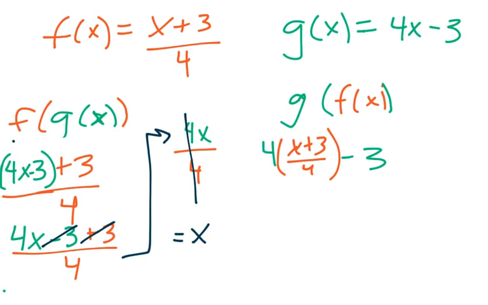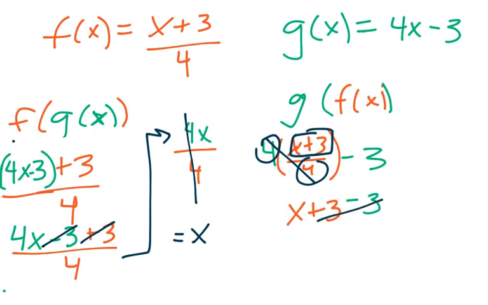Alright, so taking a look at how we can simplify this, notice that this piece here is being both divided by 4 and multiplied by 4. So it turns out those 4's can cancel. And so we're left with x plus 3 minus 3, which of course we said earlier minus 3 and plus 3 cancel, and so this one also equals x.